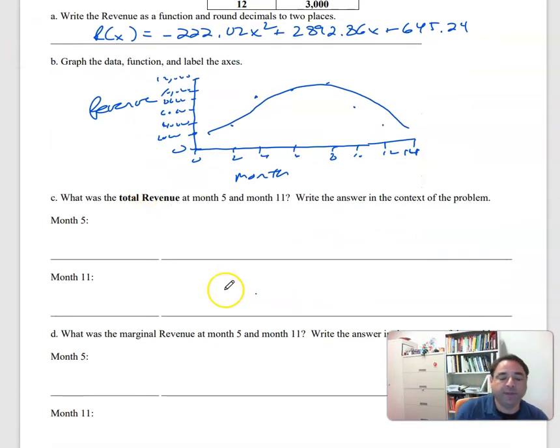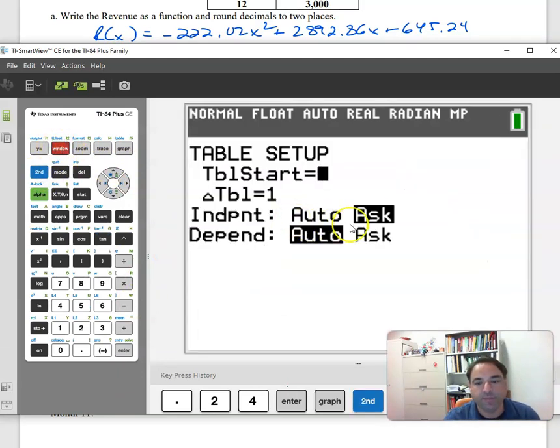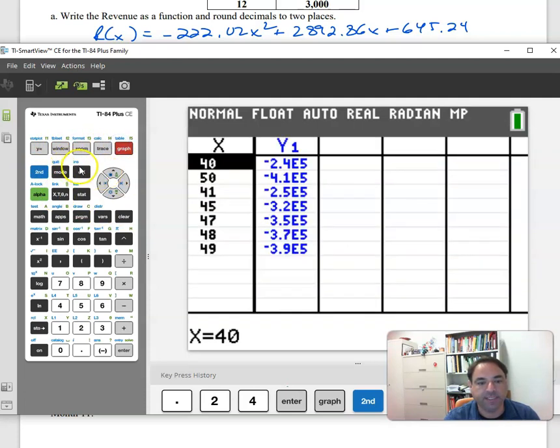Now it says total revenue at 5. So that means we're going to plug 5 into our revenue, and we're going to plug 11 into our revenue. We're going to do that with the table feature. Again, make sure your table's set up. When you hit second window, make sure it's Ask Auto. When you go to the table, you can delete anything that's in there.